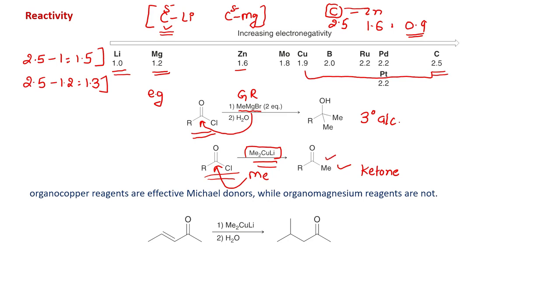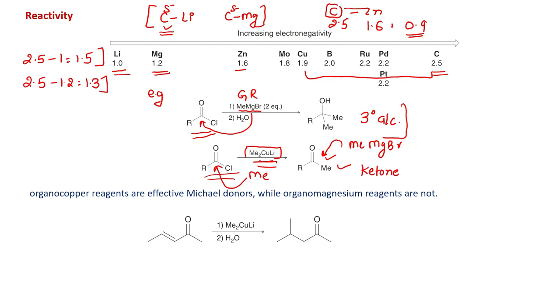Then this ketone reacts further with one more methyl group of methyl magnesium bromide. This gives you the tertiary alcohol. So the reactivity of the Grignard reagent is much higher than the methyl copper lithium complex.